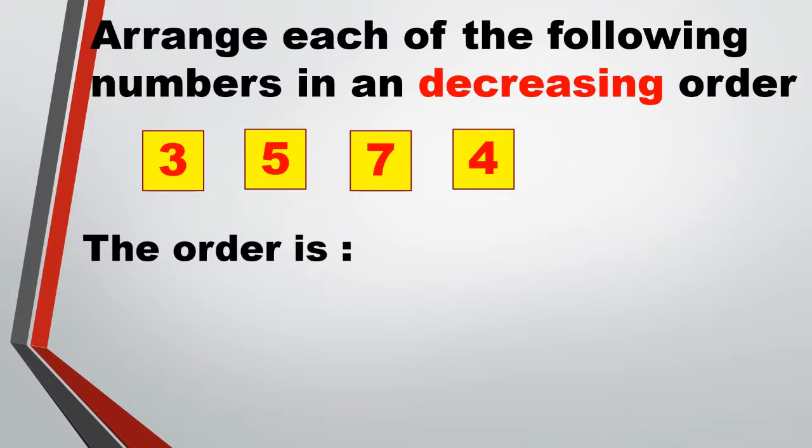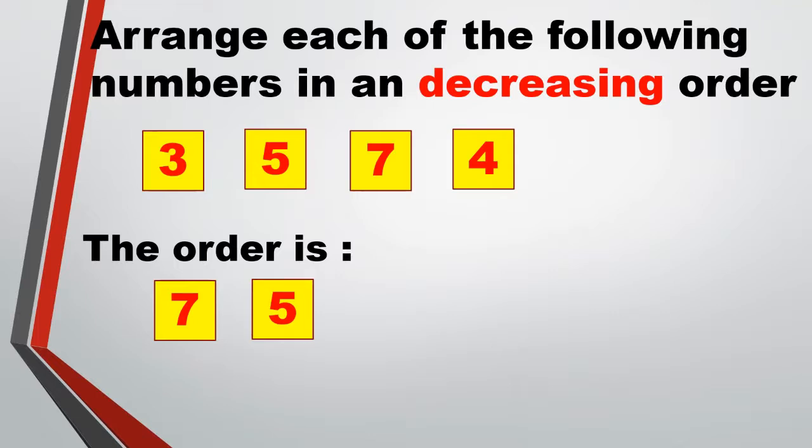Right, 7. 7 is the greatest number in this line. What is the number that comes just before 7? 5. 5 comes before 7.